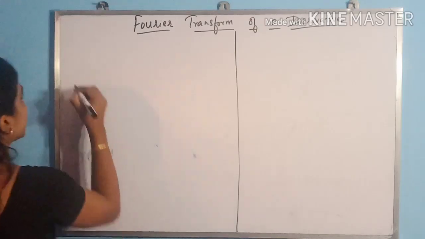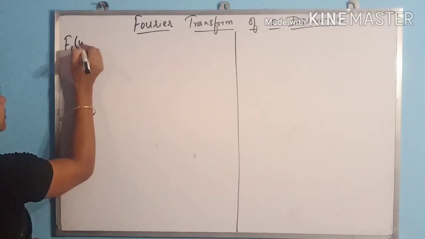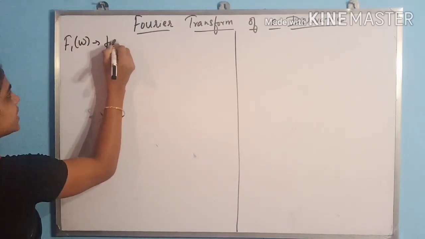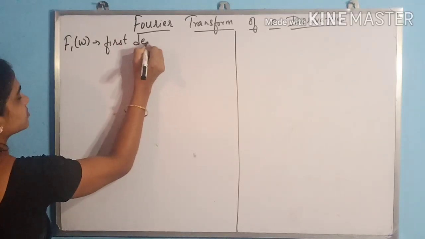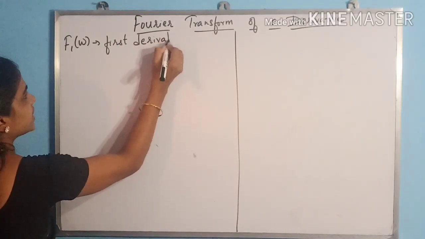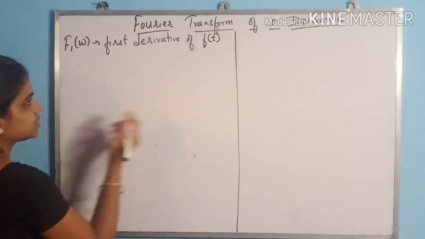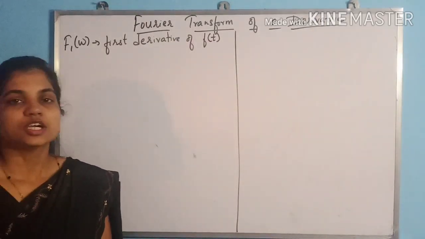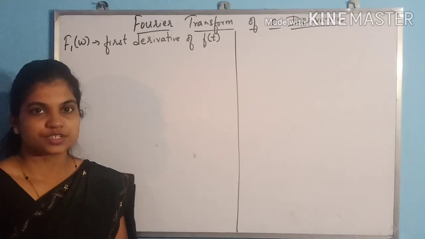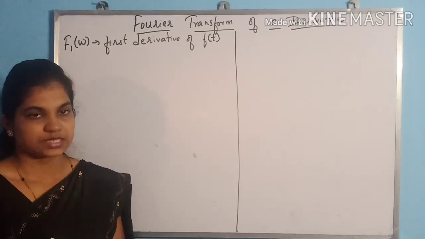So suppose f1 of omega is the Fourier transform of the first derivative of f of t. Right? So if this is the first derivative, what am I going to get? Alright.